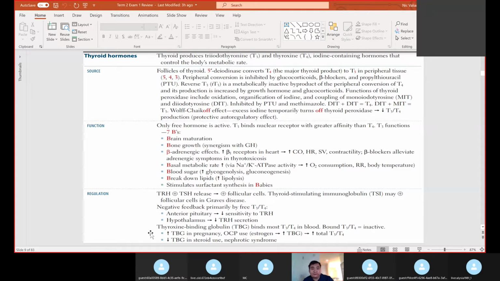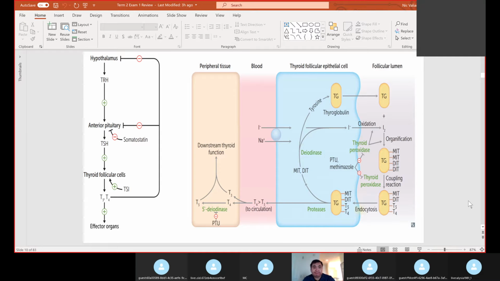Chronic steroid use and nephrotic syndrome. Anything that's wrong with the kidneys, CKD, for example. Don't forget those two conditions. You increase TBG in pregnancy and OCP use. You decrease TBG in steroid use and nephrotic syndrome.